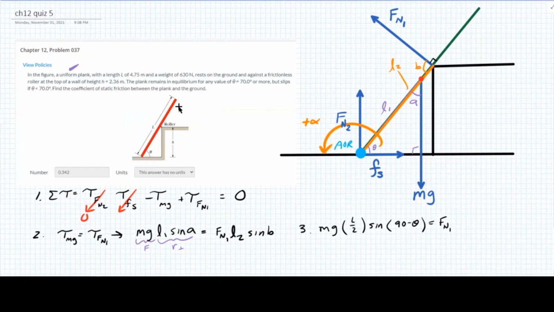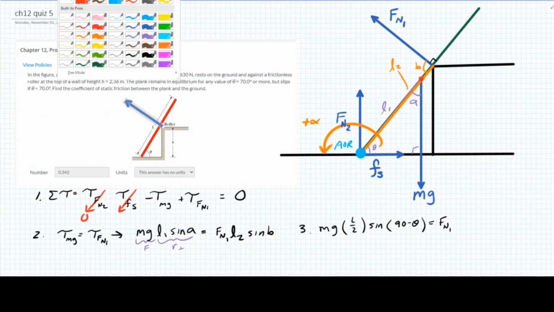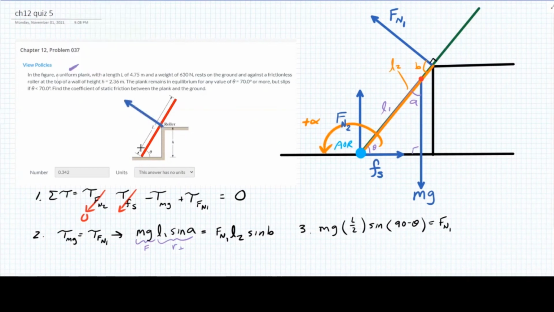Let me make that a little more readable, and I'll come back and talk about all this again, just to check myself. Here's Fn1 acting over here in this diagram. Now I need to ask myself, I don't think that's L over 2. At least I can't say that's L over 2. Maybe it works out that way, but this is why I'm setting things up like this. Here's my triangle. That's my position vector. This is H, and then that's this side of the triangle.